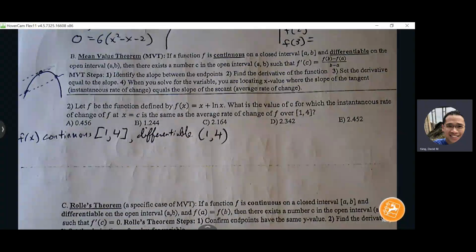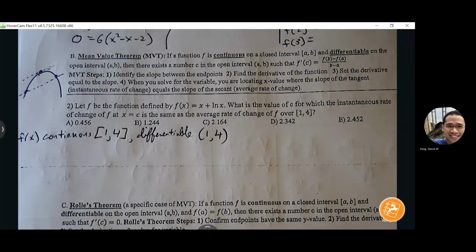Okay, so we have the x values, right? We have a and b. So what information should we try to find first? Step number 1 says identify the slope between the endpoints. Before we can find the slope, we first have to find what?